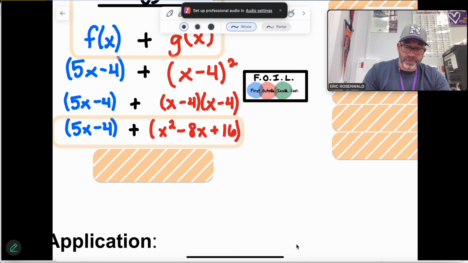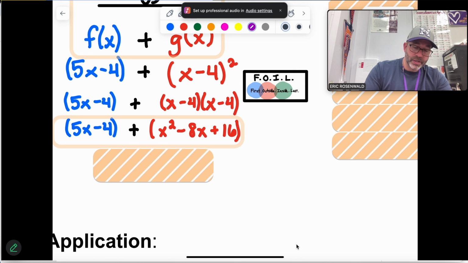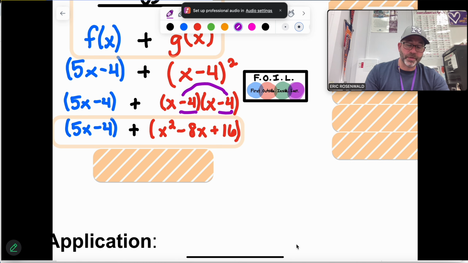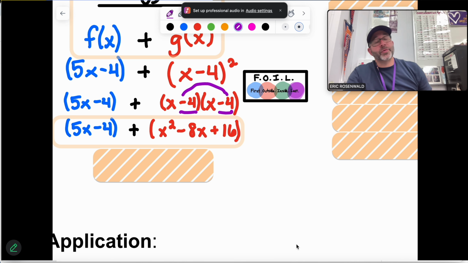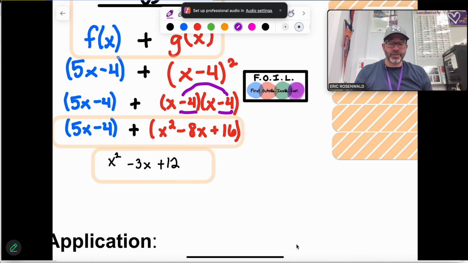The last terms are going to be the -4 and the -4 getting multiplied together. And negative times a negative is a positive. When we multiply all that out and combine the like terms, we end up with x squared minus 8x plus 16. Let's combine the like terms, and we get x squared minus 3x plus 12.